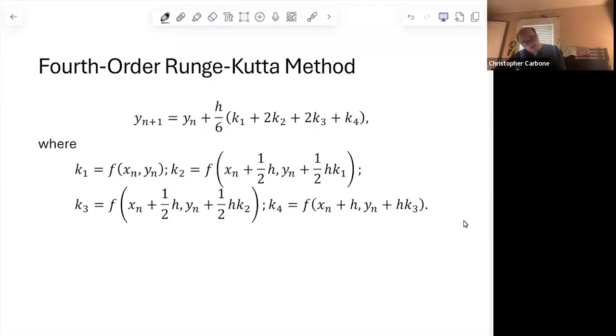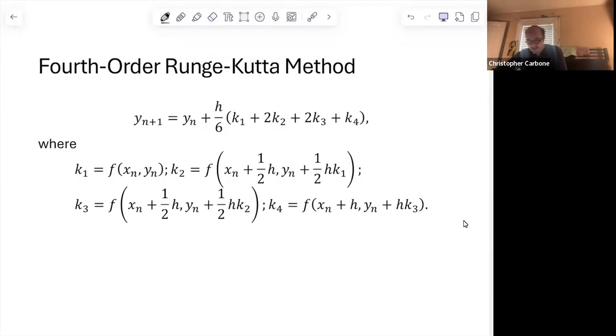And k sub 1 is just the function evaluation at x sub n and y sub n. K sub 2 is the function evaluation of x sub n plus a half times h, and y sub n plus a half times h times k sub 1.